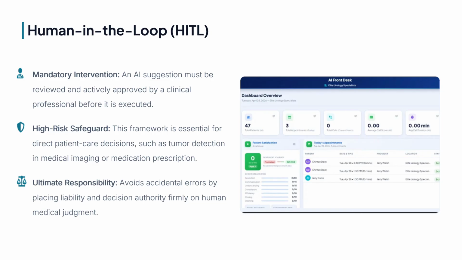The ultimate liability, then, right? Who's responsible for this? And the medical authority rests with the clinician. The AI acts as a clinical decision support tool.